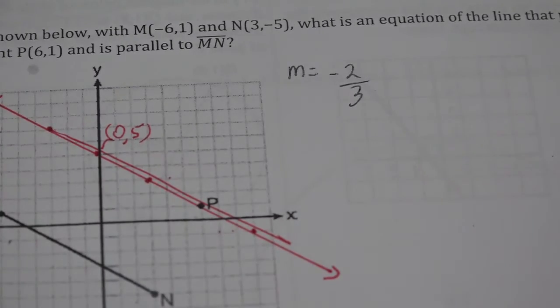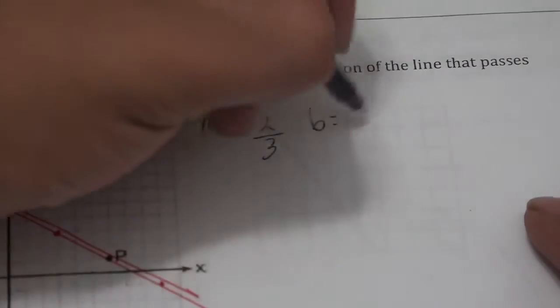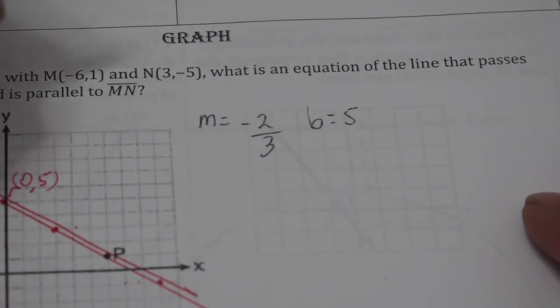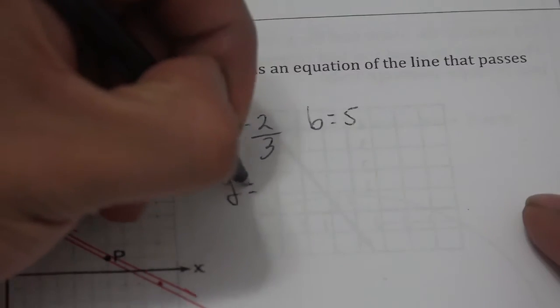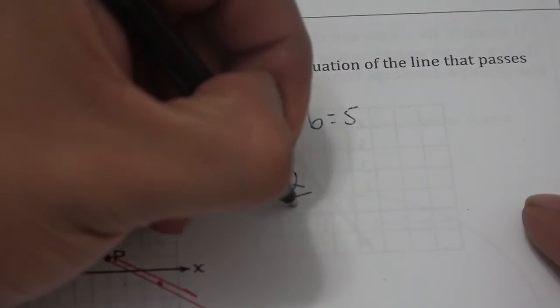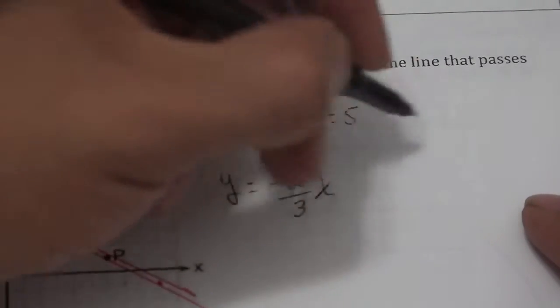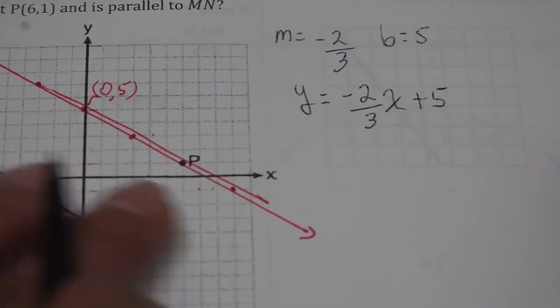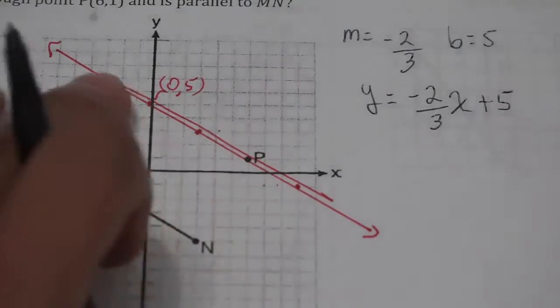So now I got the slope and I got the y-intercept. And I just have to write the equation of my line, which is y equals negative 2 over 3 x plus 5. That is doing it graphically, and showing work.